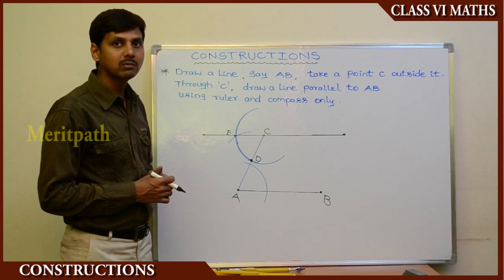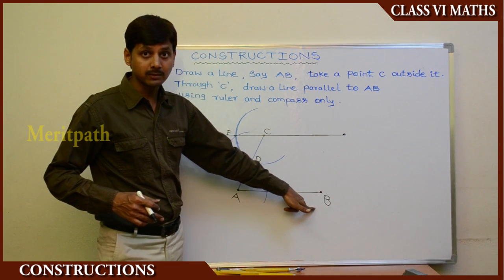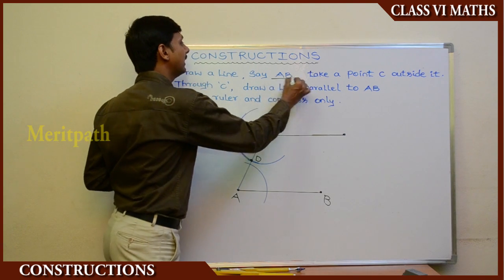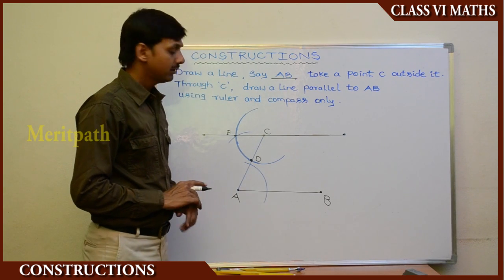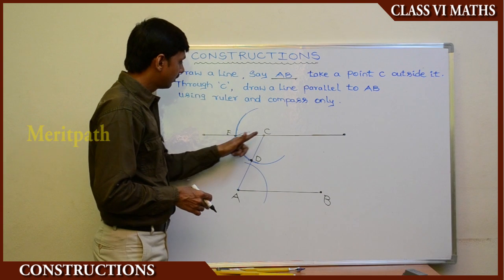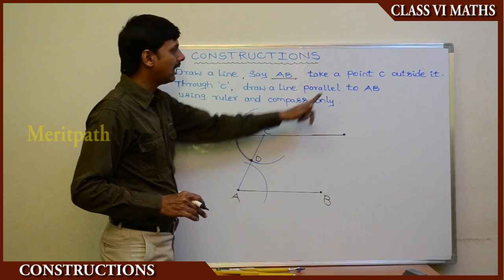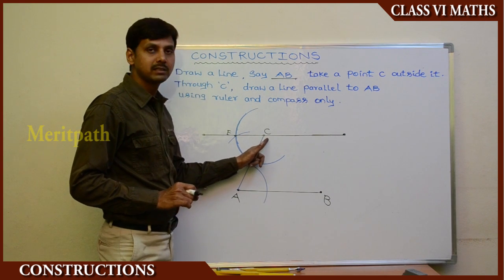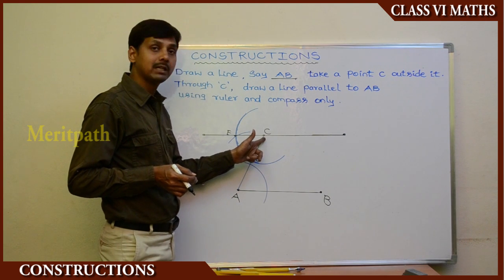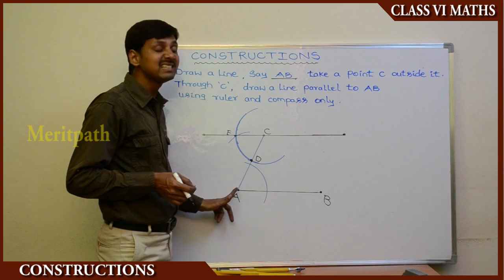So let's recall again. We have drawn AB first, the line segment AB. After that, take a point outside of AB and join it with A. So AC is formed.